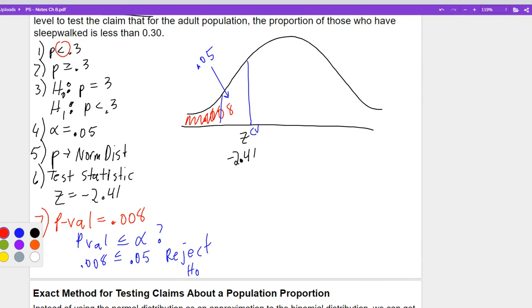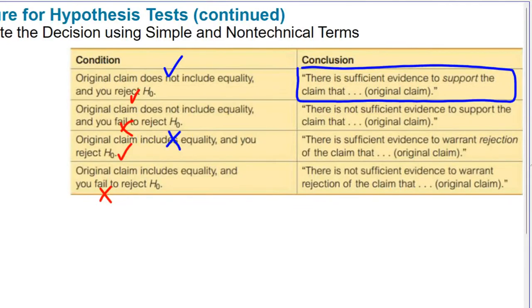And again, you have to think about this, okay? And it's going to be hard. You got to go back and look at this. The original claim does not include equality. Yeah, right. And you reject the null. Okay, so it's the same language this time. It's the same exact language. There is sufficient evidence to support the claim, but it will not always be this language. It might be this one or this one or this one. And you got to look back at this chart and you got to think about this.